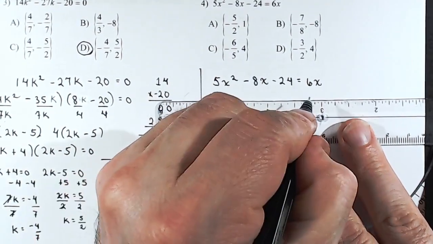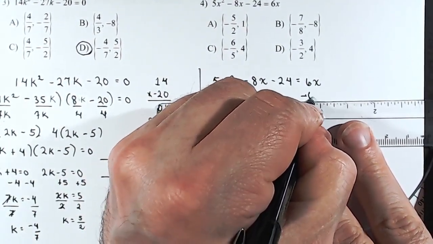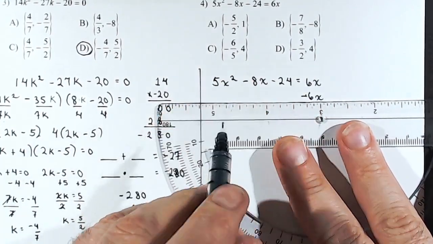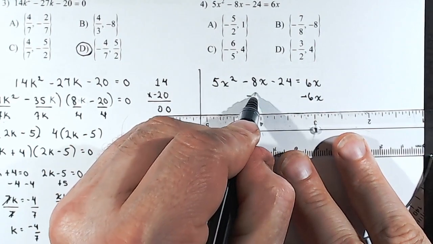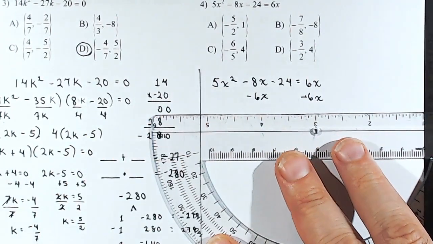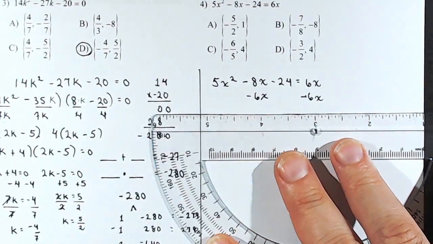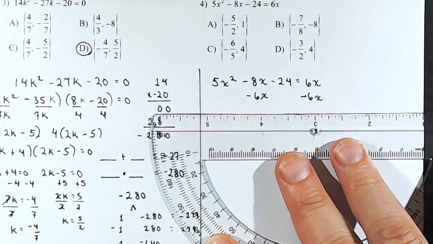Okay, and now to get the right side to equal 0, I just subtract 6x from both sides. So I'll subtract it on the right, and then I'll put that minus 6x. I'll line it up under what's called the linear term of the quadratic, this x term. This is the quadratic term, this is the linear term, and this is the constant term.